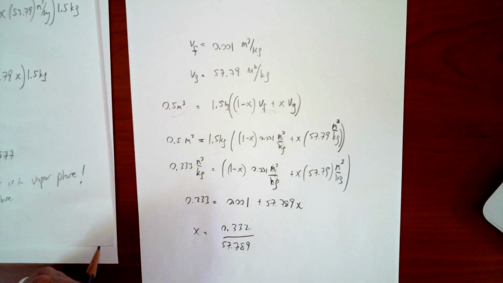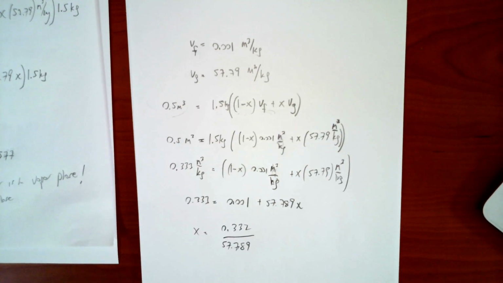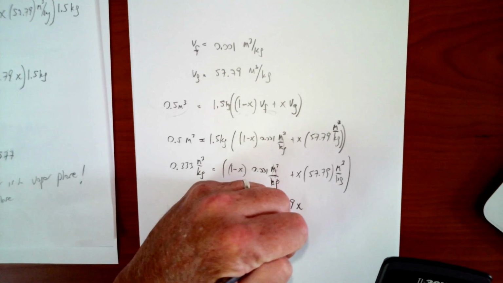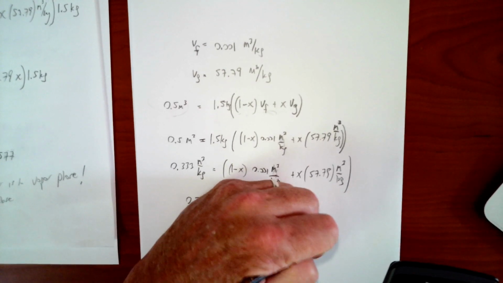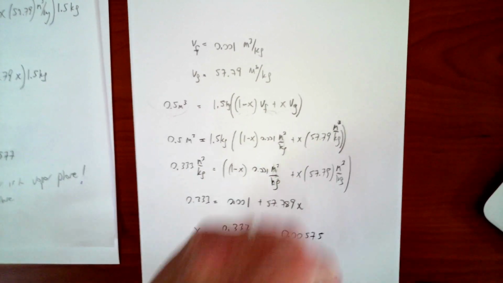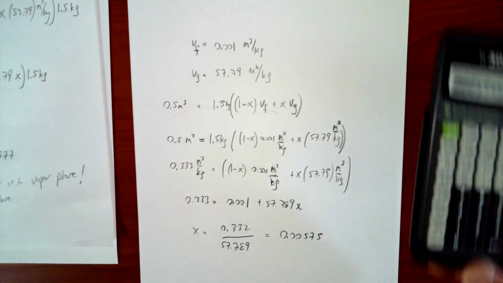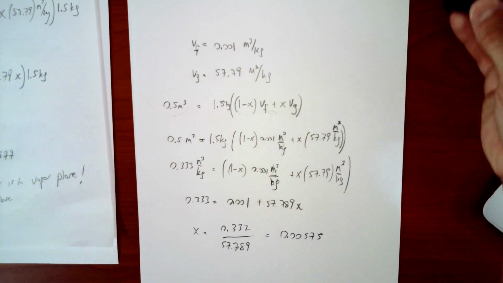That equals 0.332 divided by 57.789, which is 0.00575. You carry 3 sig figs here. So that's my mass fraction.